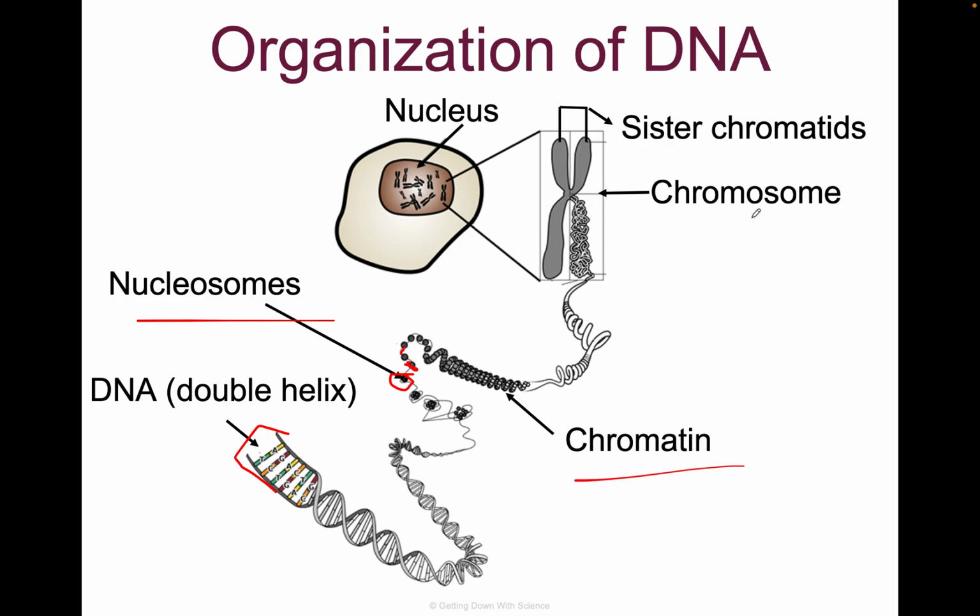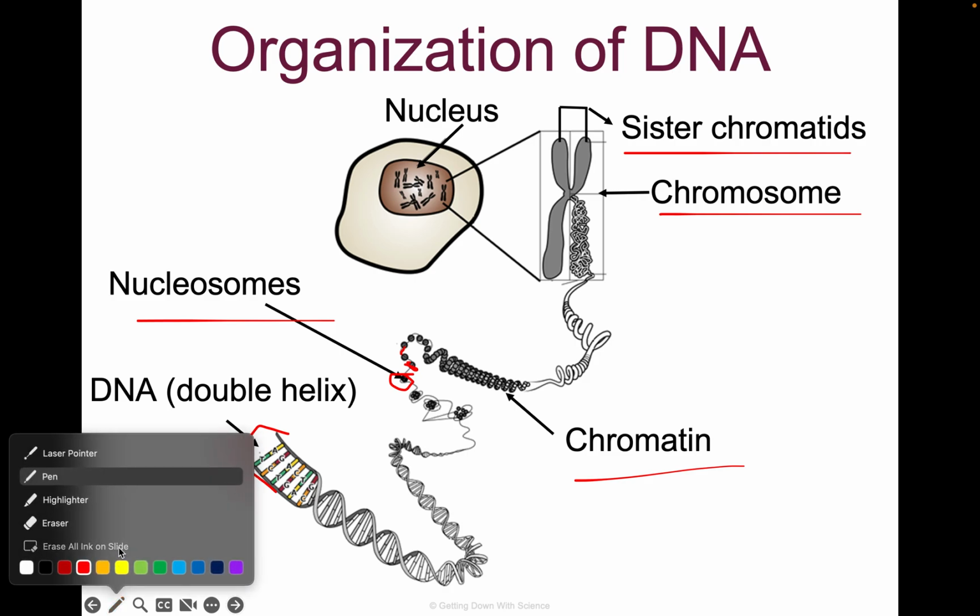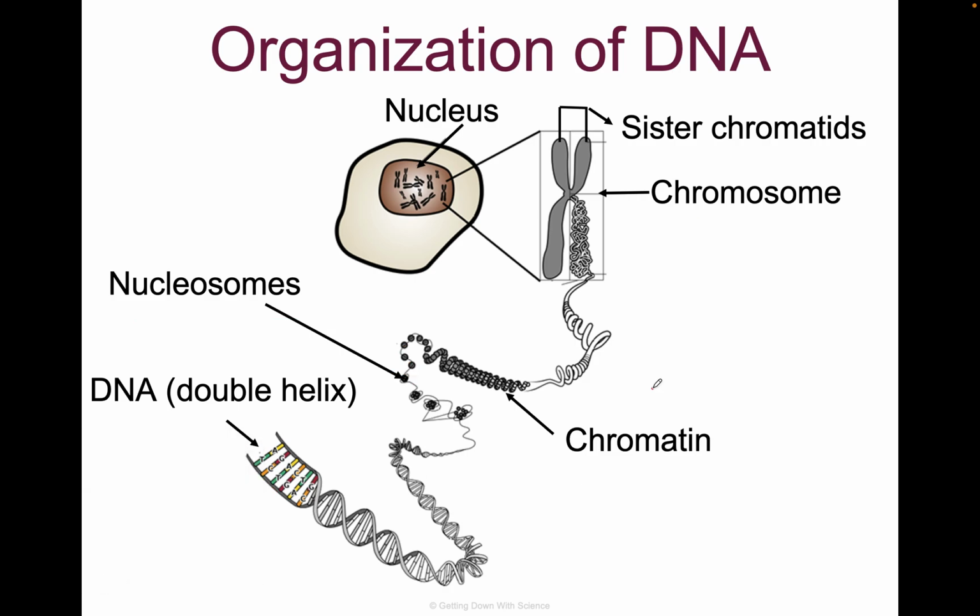That chromatin condenses even further, and we have a chromosome. When chromosomes pair up, they're called sister chromatids. And again, they're all hanging out in the nucleus. So this is how we get 8 feet of linear DNA 46 times over into a nucleus smaller than a cell: we just wrap it.